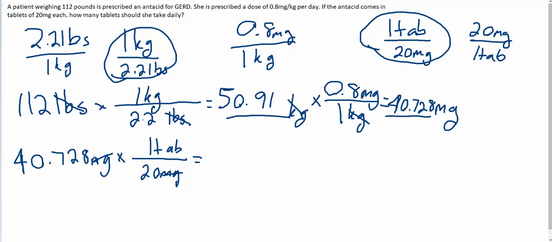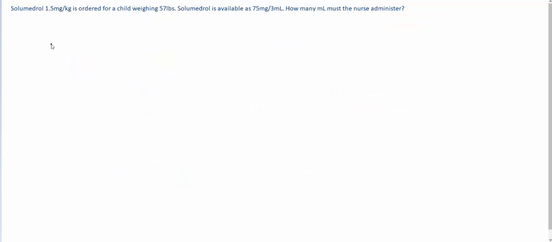We'll take 40.728, multiply times 1, and divide by 20. And that gives us 2.036 tablets, which we can round to 2 tablets, so we're not giving our patient a fraction of a tablet, and that would be our final answer.